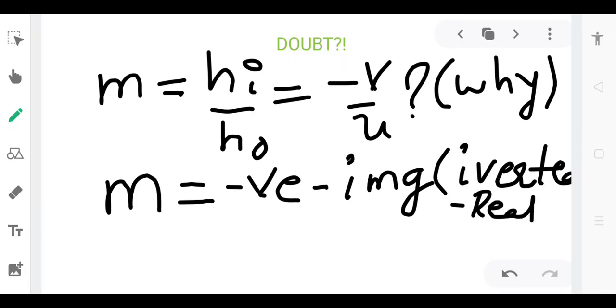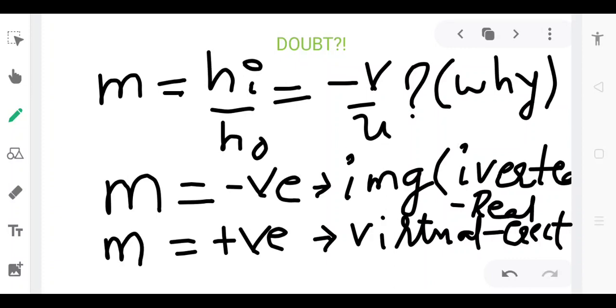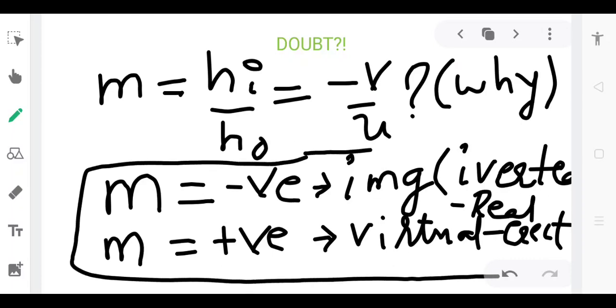The next thing is, if we get a positive m value, then the image will be virtual. Remember, all virtual images will be erect. You should have these two conditions in mind, otherwise you will not have clarity.